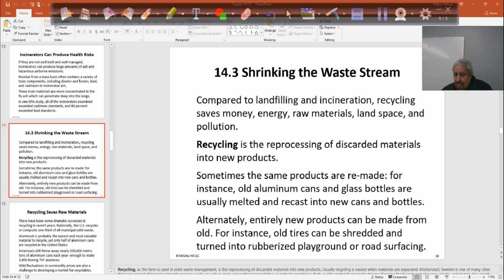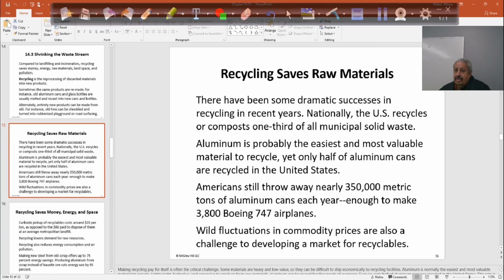For instance, old tires can be shredded and turned into rubberized playground or road surfacing. That's just an example. As I said, recycling is the best choice. That's my opinion, and you will agree with me. Recycling is the best way to manage this waste, rather than having it dumped inside the ocean or the landfill.